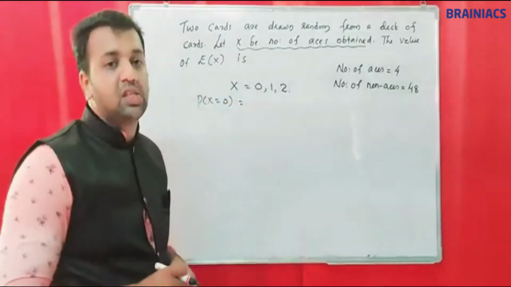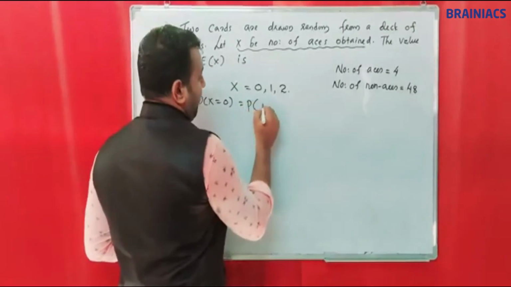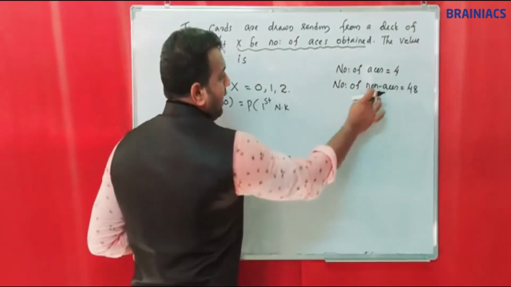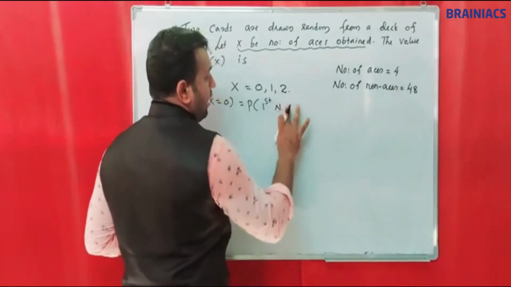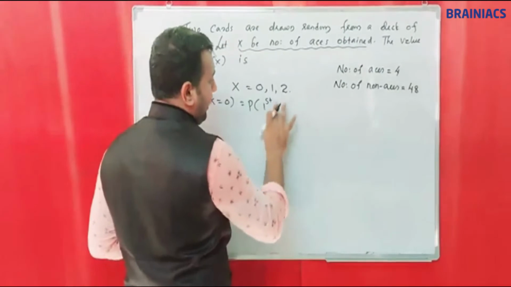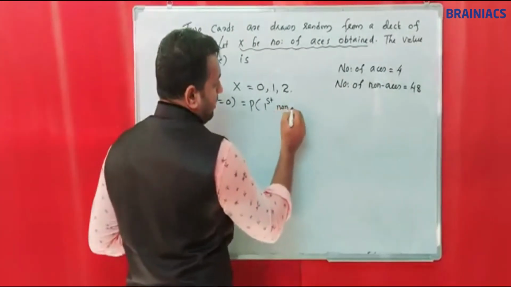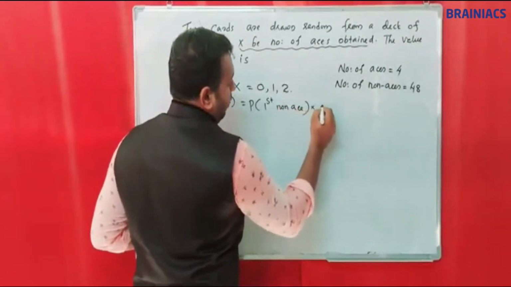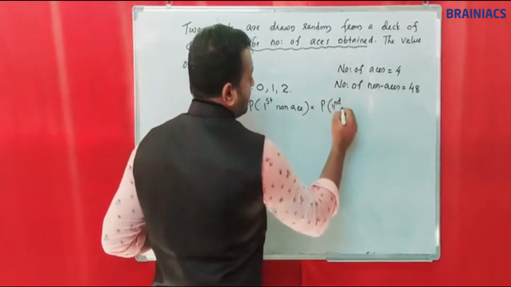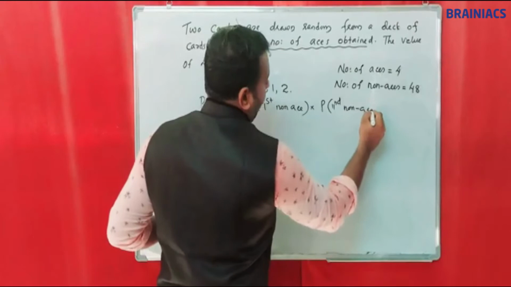Probability for x is equal to 0 means probability of first non-ace into probability of second card also non-ace.